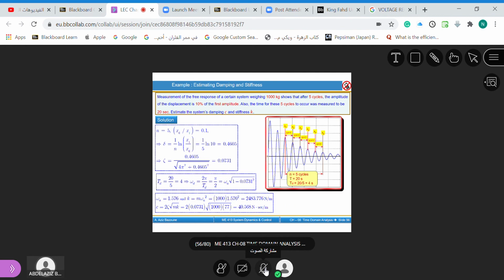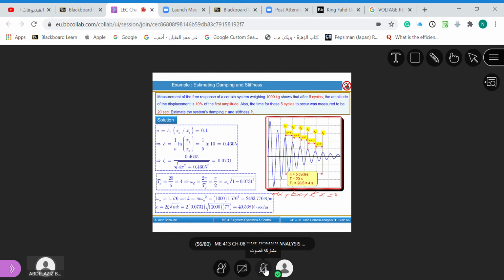Now, how to find C, or the damping? It's very easy. If you remember, the mechanical system in general is written in this form: m x double dot plus b x dot plus k x is equal to 0. This is, of course, the free response.